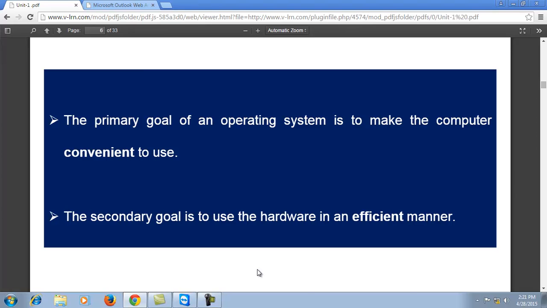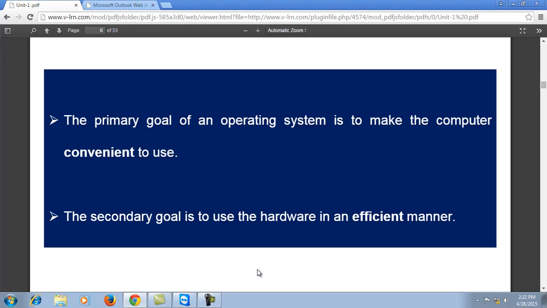For example, a switched-off mobile phone is like a device in which the operating system is not working. That is inconvenient to use. We are not able to make calls, send or receive messages, or get internet connectivity. So the goal of the operating system is to make the computer convenient to use.